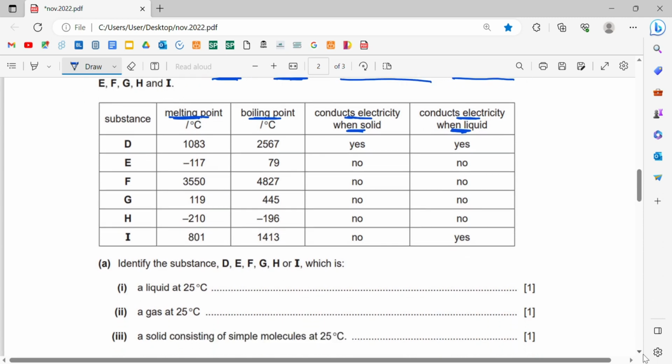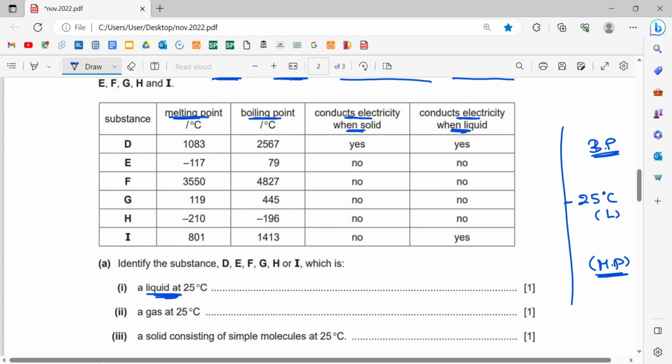Okay, which substance is a liquid at 25 degrees Celsius? What do we mean by this? A liquid at 25, this means the boiling point should be above 25 and the melting point should be below 25.